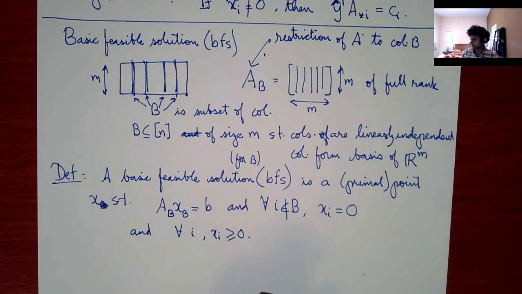Okay, that was my question. There exist many. Yeah. But what is this geometrically? This is an intersection of faces of the feasible region.